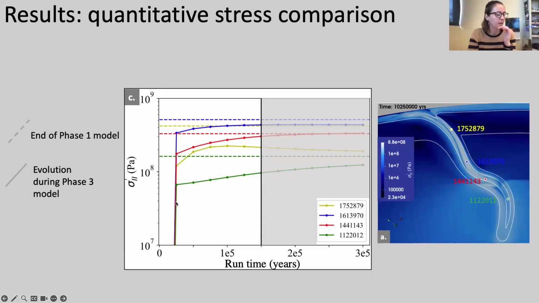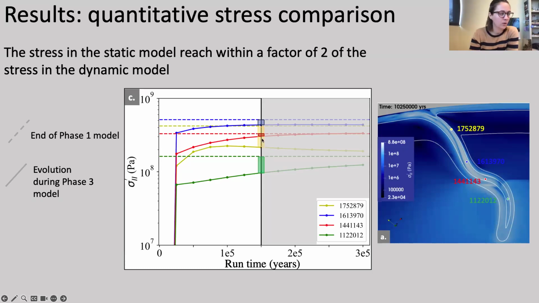So basically, is our stress curve reaching that dashed line that was this dynamically evolved stress? And we see that we are within about a factor of 2 of the stress reached in the dynamic model. So we're getting a good approximation for the values of stress that we see in the slab.